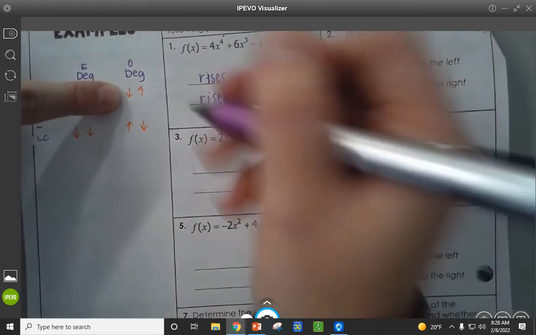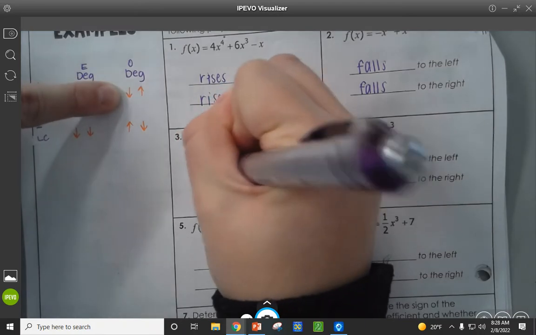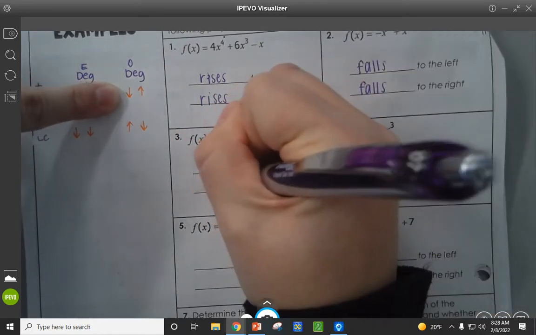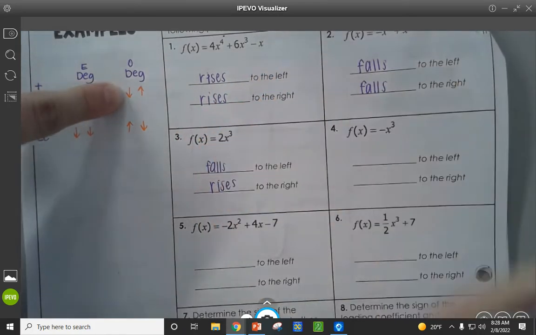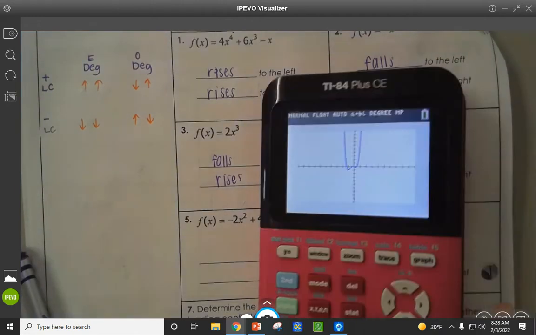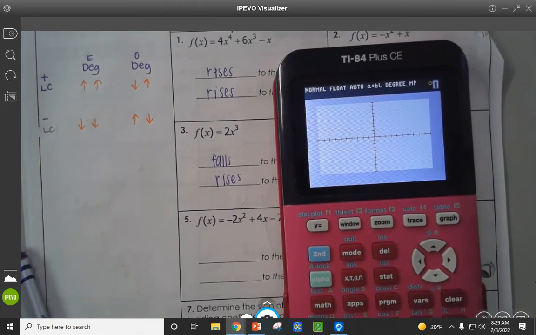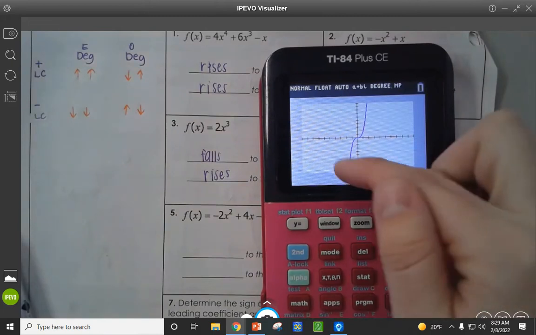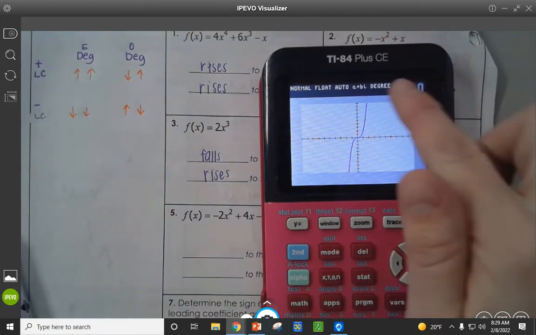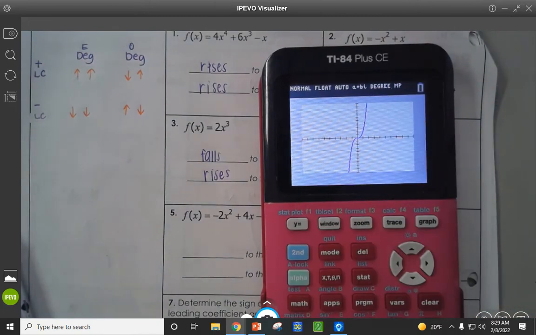Positive, odd. Falls to the left, rises to the right. So notice the left, the arrow would point down here, and the right side, it would point up.